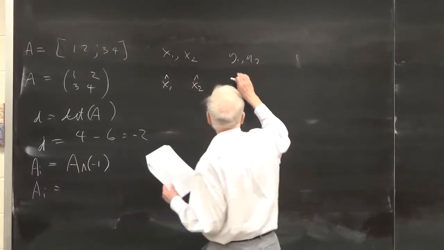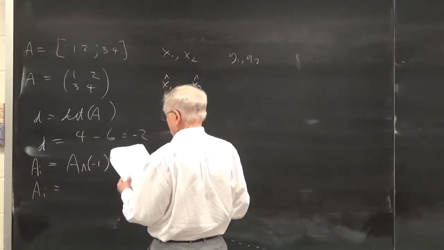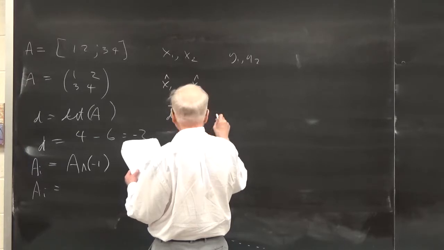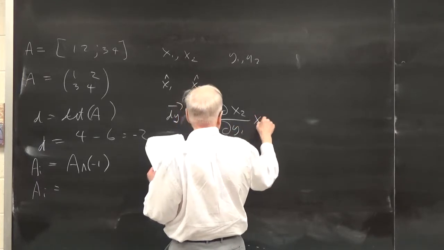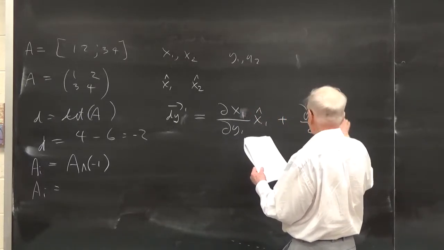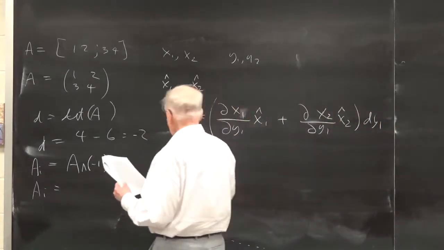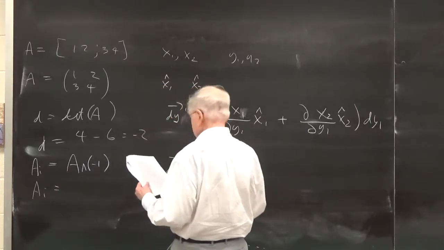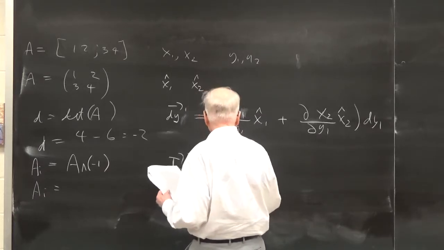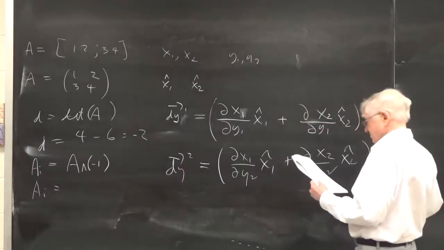Then if we change y1 and y2 by dy1 and dy2, the change in the vector for y1 is going to be partial x1, partial y1, x1 hat, plus partial x2, partial y1, x2 hat, times dy1, and for a change of y2, this would move by partial x1, partial y2, x1 hat, plus partial x2, partial y2, x2 hat, times dy2.